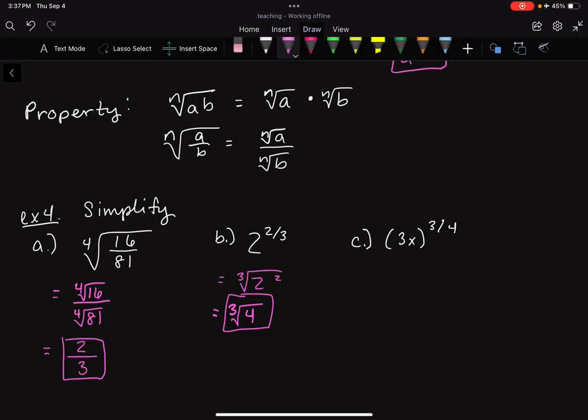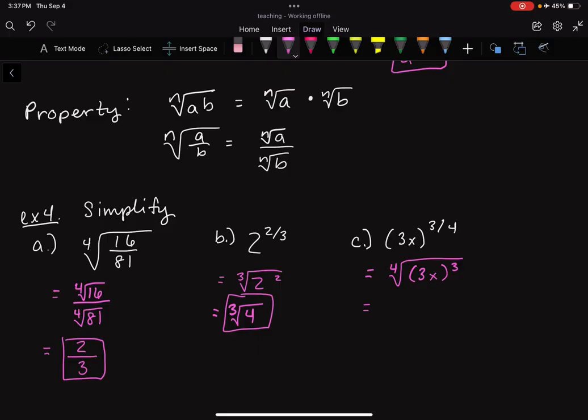Next, we got 3x to the 3 over 4. So that's going to be 3 to the 3 over 4, and then also x to the 3 over 4. You can write it like that, or you can write it all together. So we can write it as the 4th root of 3x cubed. Now, I can't take the 4th root of 3.